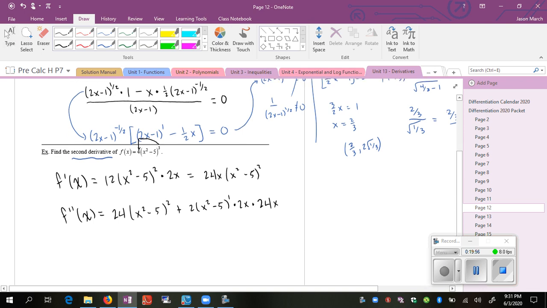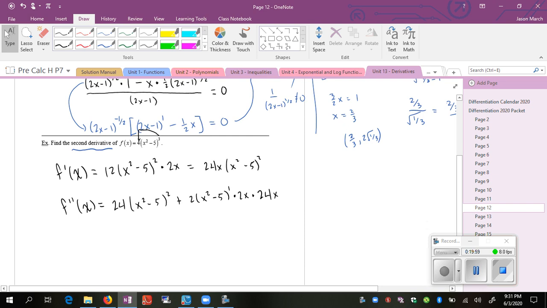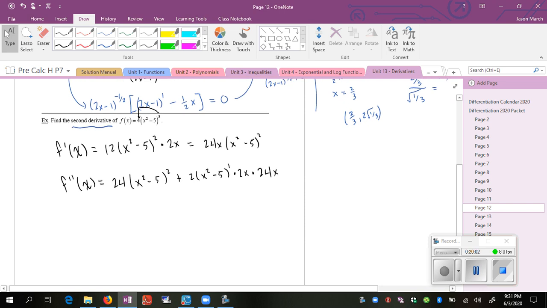And you could leave your answer like that, or we could clean it up. Doesn't matter when it's free response, but if it's multiple choice, we have to see how we can algebraically manipulate this to match one of our answers. So I'm just going to go ahead and write this as 24 times x squared minus 5 parentheses squared plus the 2x and the 24x can multiply together, and we'll call that 96x squared times x squared minus 5 to the first. So that is f double prime. All right, we haven't talked about what the significance of it is, but we'll get there.